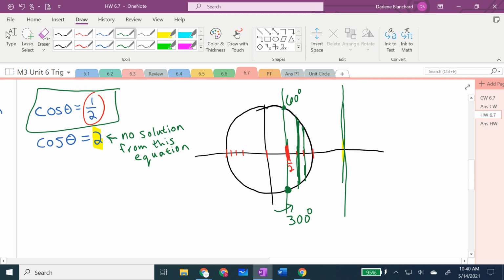And so after all that work, you finally get the only solutions between 0 and 360 are 60 degrees and 300 degrees. And that's your answer to part A.